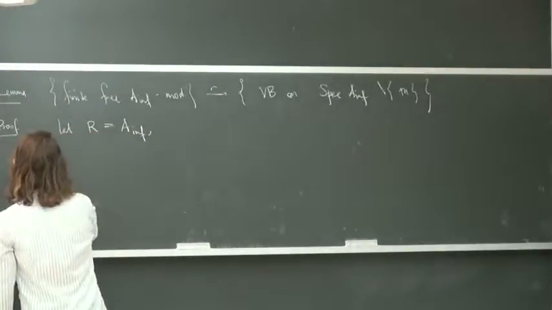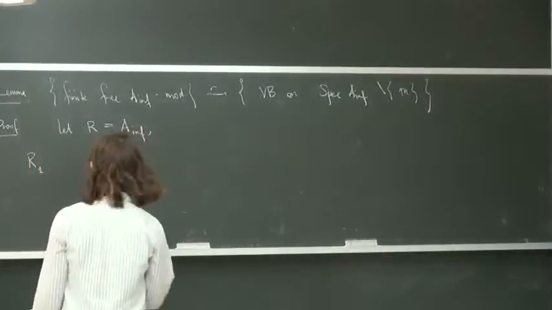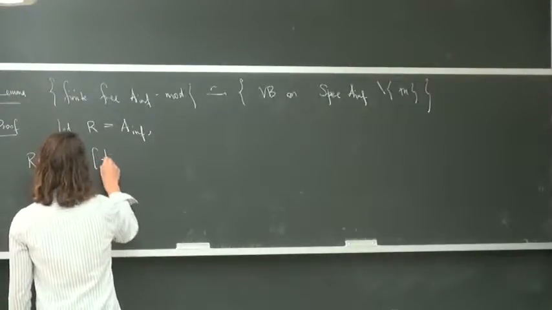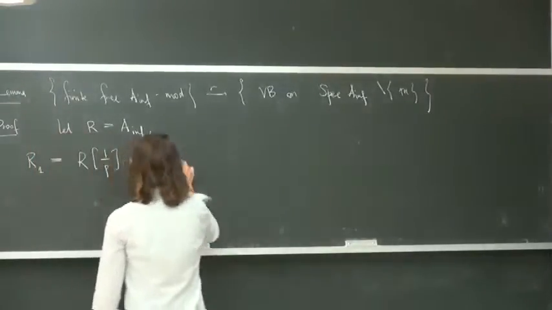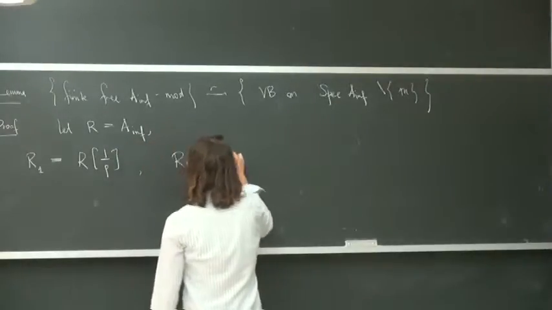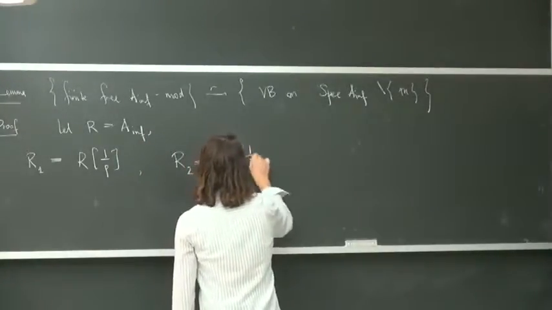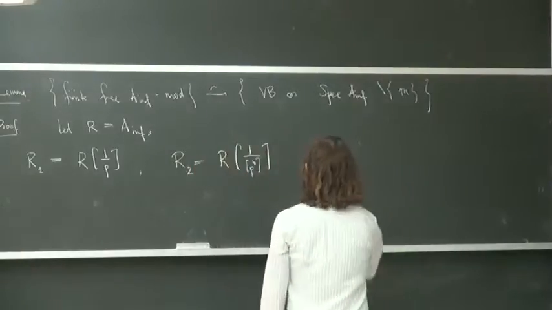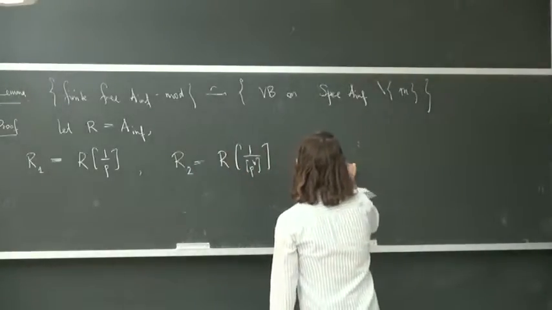And so we can cover this punctured spectrum by two affine subsets, where R1 is the one where you invert p in R, R2 is the one where you invert this element, and R12 is the one where you do both.